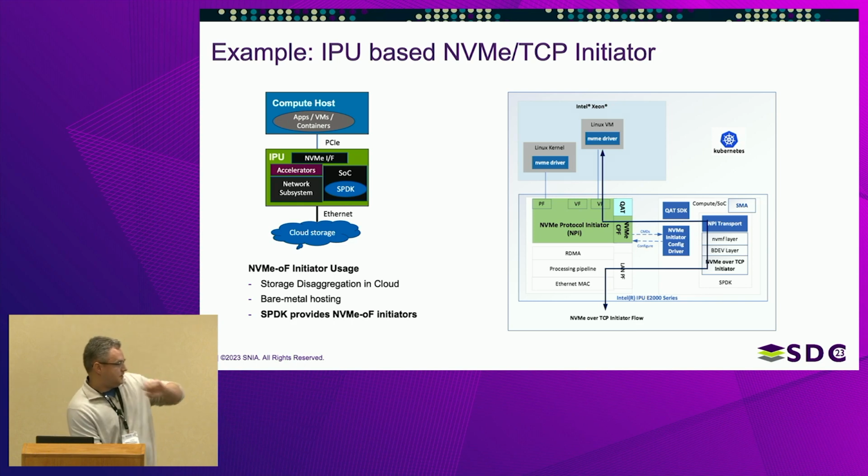And to walk through the flow of that arrow there, what happens is that when that disk does that operation, we have inside the IPU something called MPI transport.